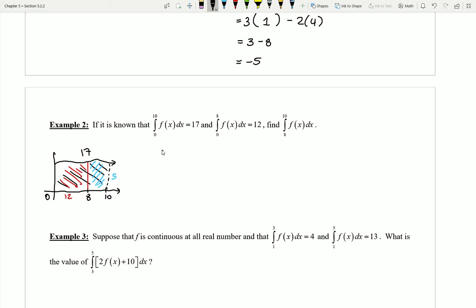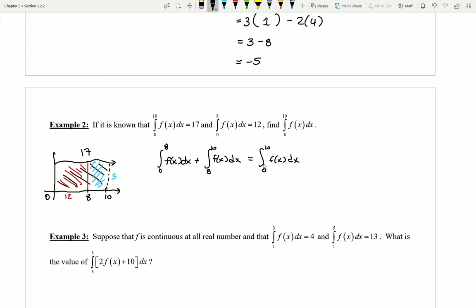If I wrote that out, I find the area under my function from 0 to 8, add on the area from 8 to 10, and that should equal the area from 0 to 10.